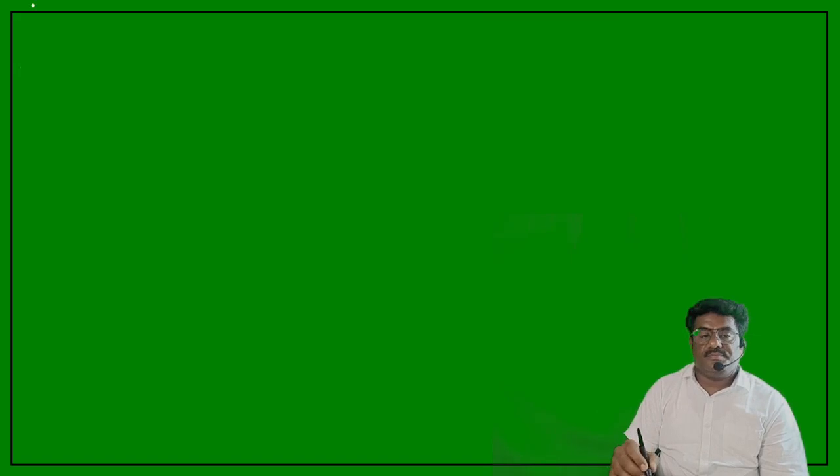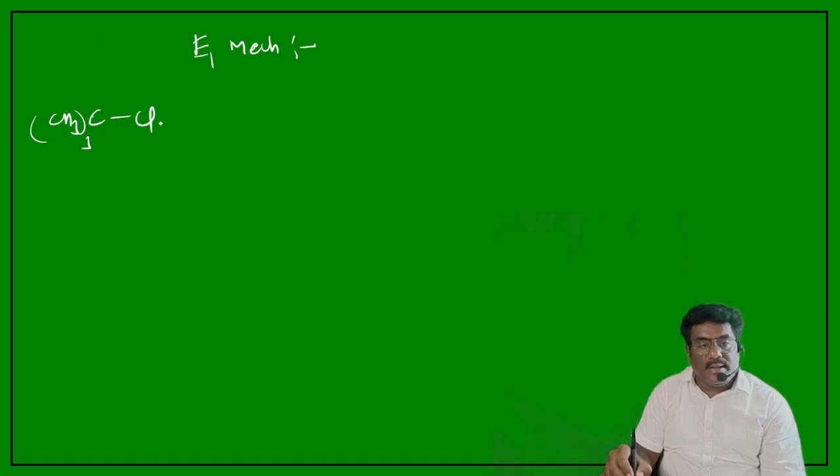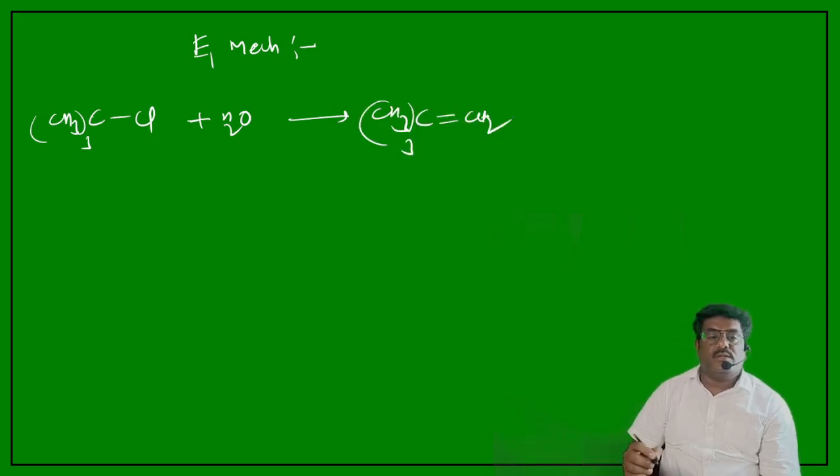Next is the E1 mechanism. Have a look at the E1 mechanism. See, tertiary butyl chloride in presence of H2O. It gives what? This is the product.